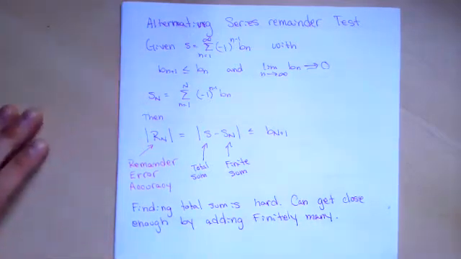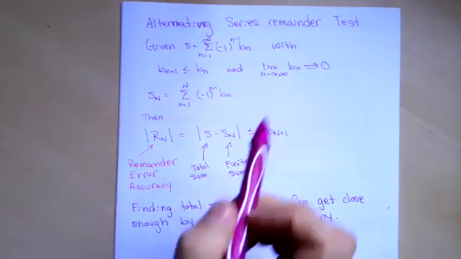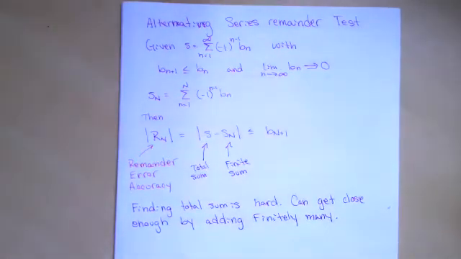And with finitely many, maybe we can do it with a calculator. I can add up the first 10 terms, and I know that the series will converge, but I can't compute completely accurately what it converges to. But if I want to be reasonably accurate, I can add up the first 10 terms or the first 12 terms.